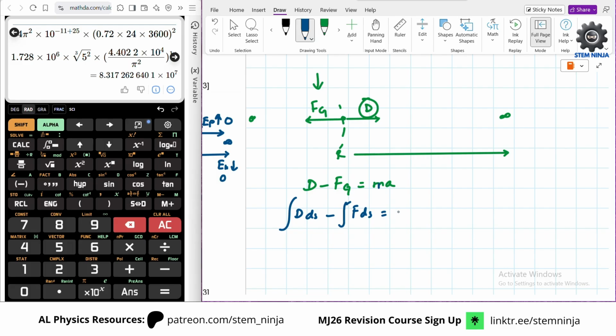Again, you see the acceleration will also not be constant.